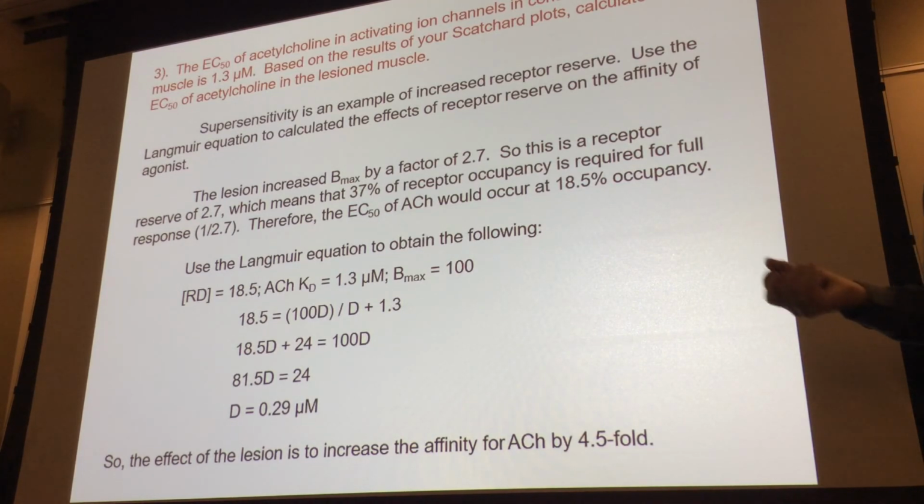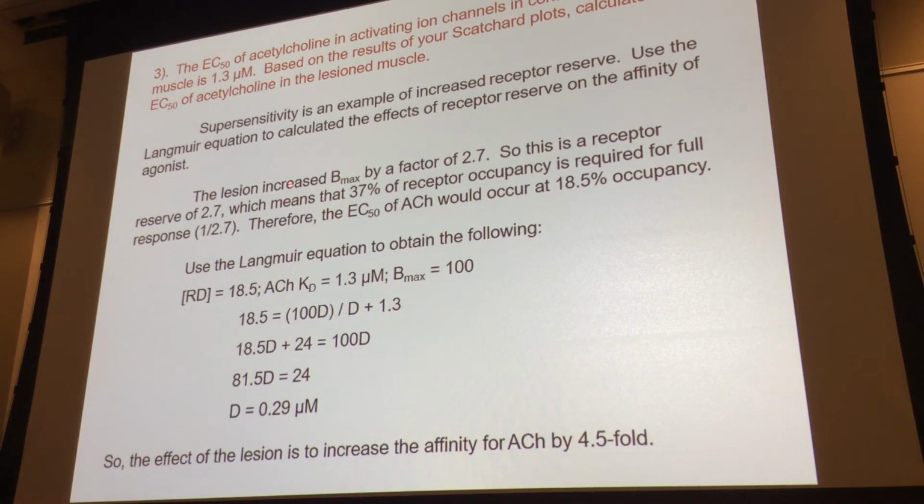We had this problem in class where we had a 10-fold excess of spare receptors. Now you just have to plug in numbers that are different from that, but the process is exactly the same. Supersensitivity is an example of receptor reserve. Use the Langmuir equation to calculate the effects of receptor reserve on the affinity of acetylcholine. All right.